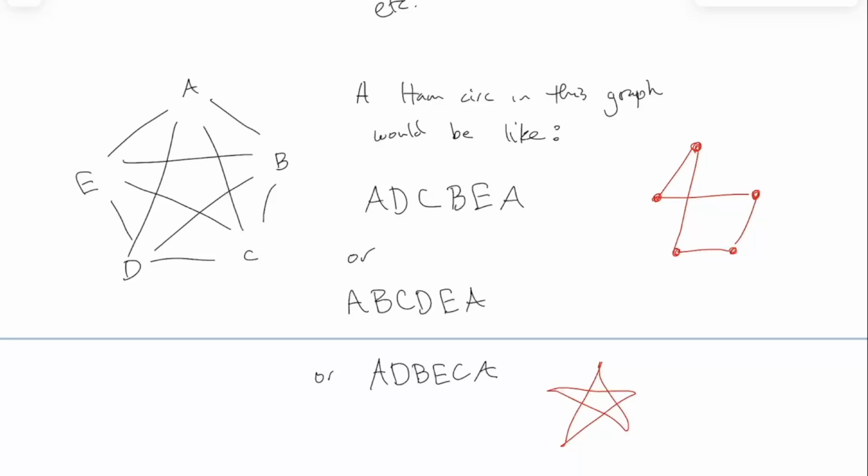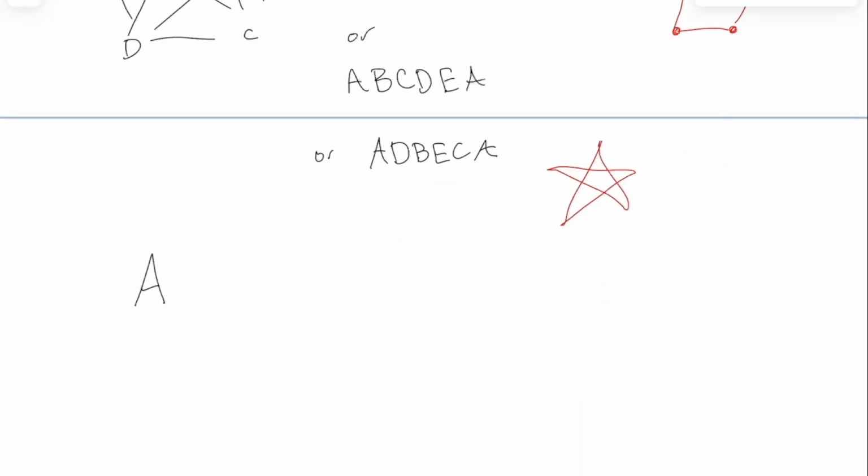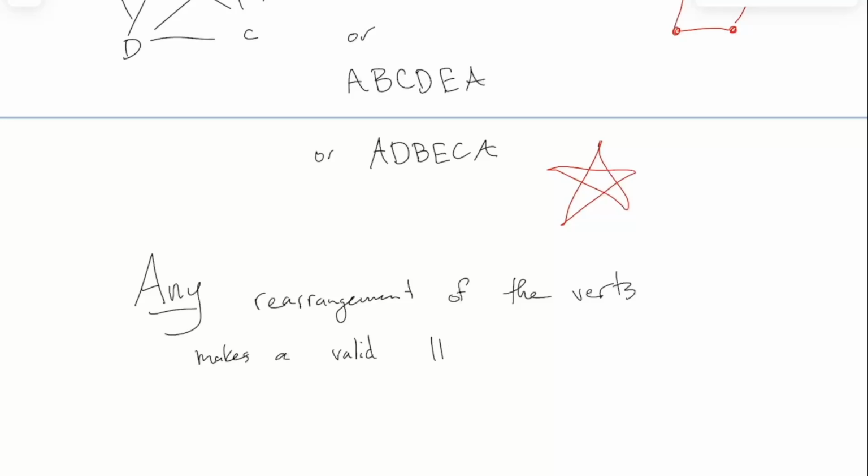And so actually, any rearrangement of the vertices, of course you can't list the same vertex twice, but you can just write A, B, C, D, E in any order you want, and it will make a legal Hamilton circuit. Any rearrangement of the vertices makes a valid Hamilton circuit.